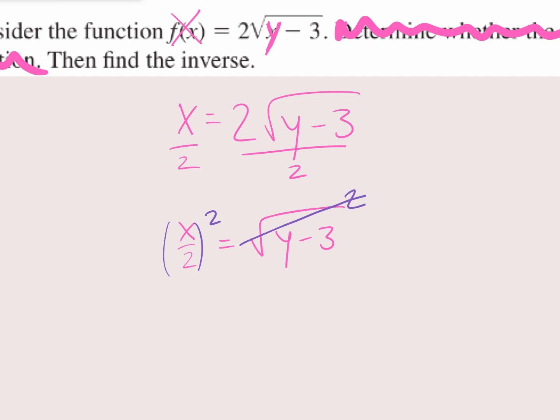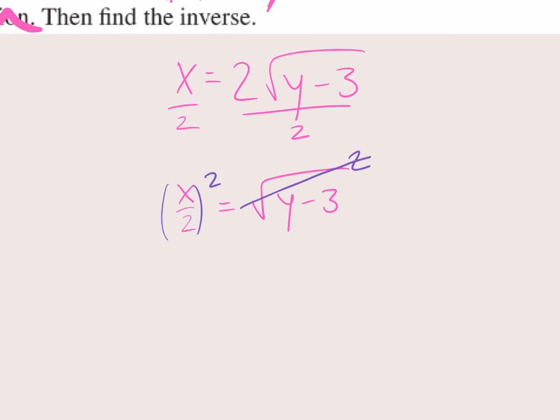You could leave it as x over 2 squared. If we simplified it more, how would I simplify this? Perfect, x squared over 4, because the squared would be distributed to both of them. But it's fine if you just want to leave it like this, but put it in parentheses so we know that it's both the x that's squared and the 2 on the bottom that's squared.